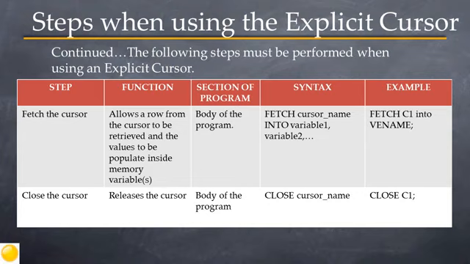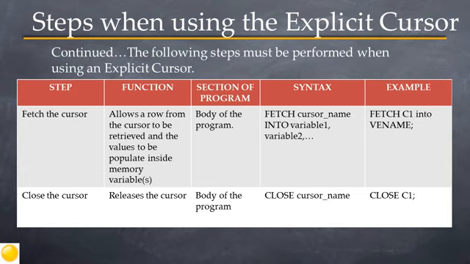The syntax of this step is fetch cursor name into variable, comma, and any number of variables based on the number of columns that the cursor is associated with. In the example, the statement is fetch C1 into VENAME. Here VENAME is the name of a memory variable.